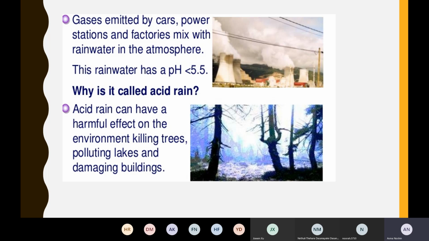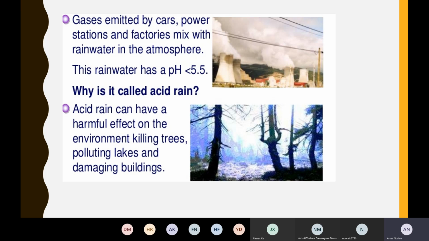If I'm saying acid rain, that means strong acid should be present. In that rain, the quantity of acid should be more. And if the quantity of acid is more, that means it will affect our environment.